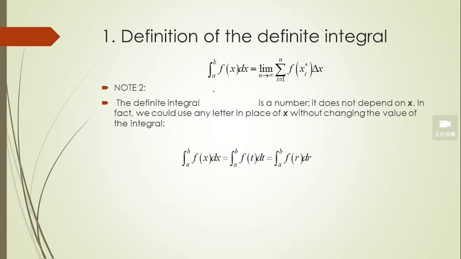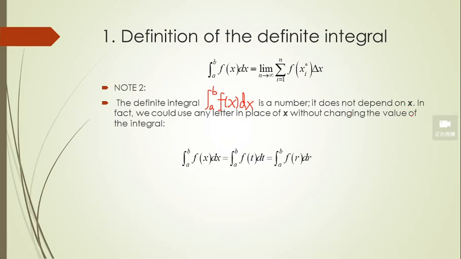So finally, we understand this notation, the integral from a to b of f(x) dx. Don't forget you have the dx term. This is the area. Of course, it's a number, not a function again. This is a number because it represents the area A. It does not depend on x.